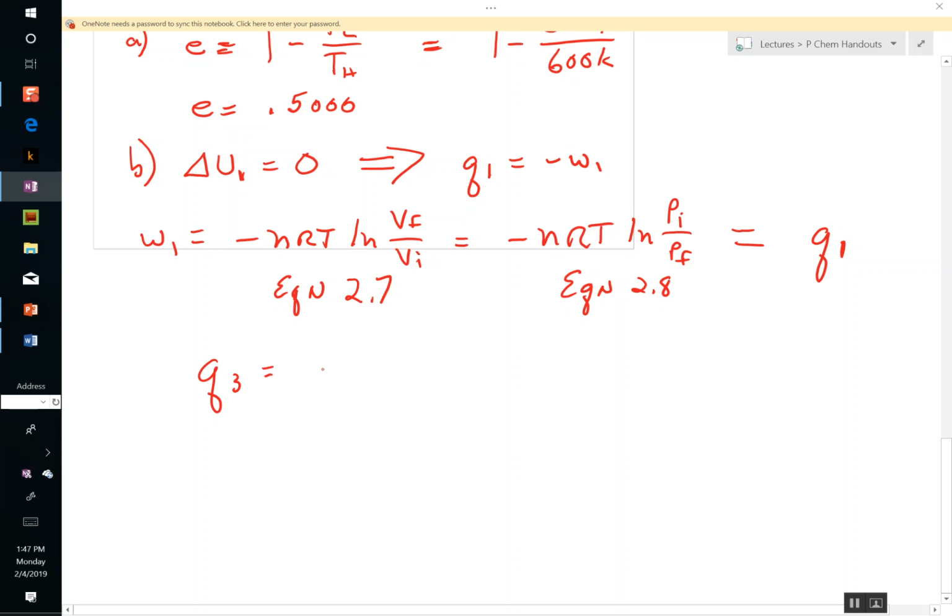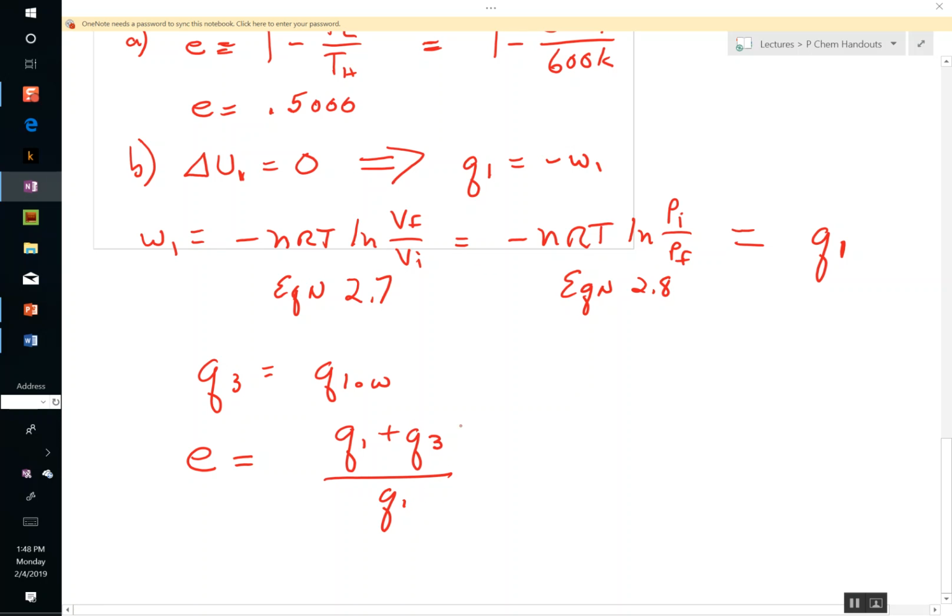You could set the two equations equal to each other. You know that 1 plus Q3 over Q1 equals 0.5, you would just substitute Q1 in for your solved value and solve for Q3 that way. Do you know what equation you're using there? 3.10, which we did in problem A, and you got the answer 0.5, and then you just set it equal to that. We are giving two equations to solve the same thing.